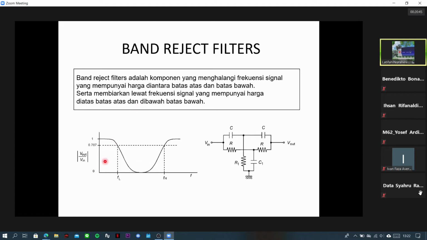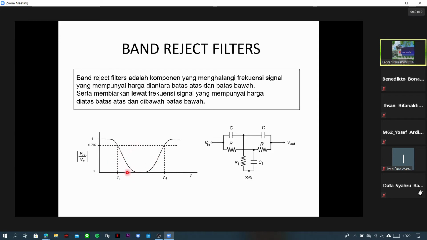Okay, it is shown by the graph in the left bottom picture here. If we have a curve of a signal between the voltage ratio and the frequency, which parts do we want to remove? We want to remove the inner parts, okay?